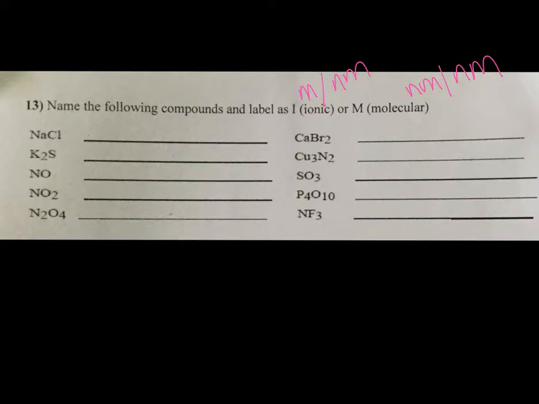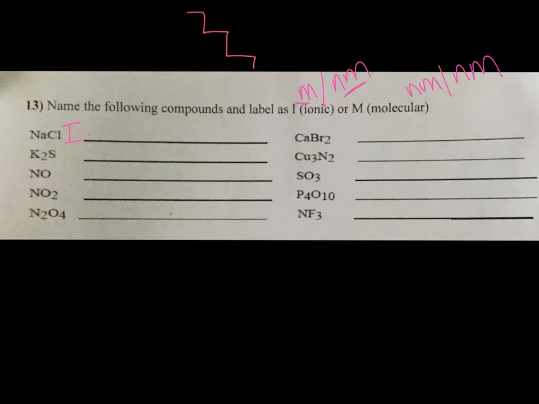We have a metal and a nonmetal. You should be looking at a periodic table while you're doing this, the one that you just colored on the other page. You can look at that and see, is it on the left-hand side of my metalloids line, that little staircase that we did, or is it on the right-hand side? That's your basis. So sodium chloride is definitely ionic.